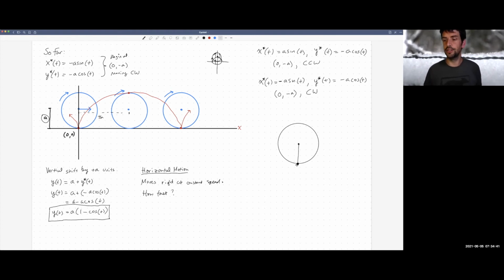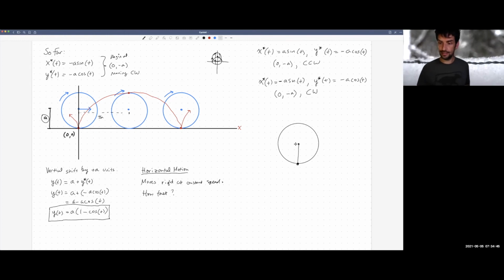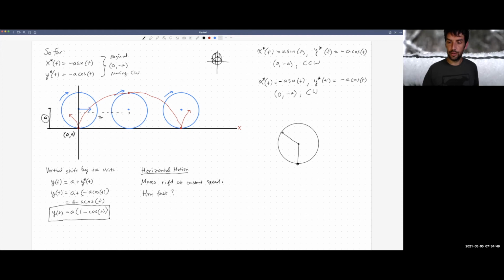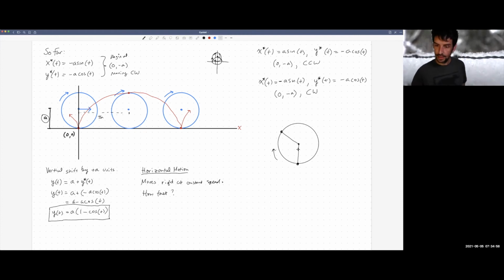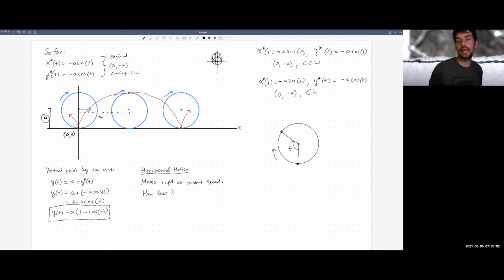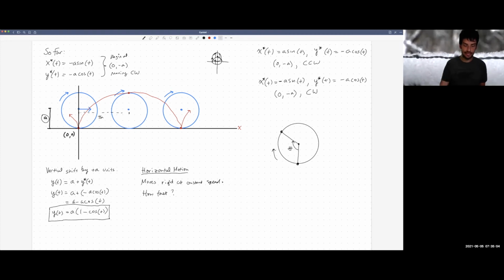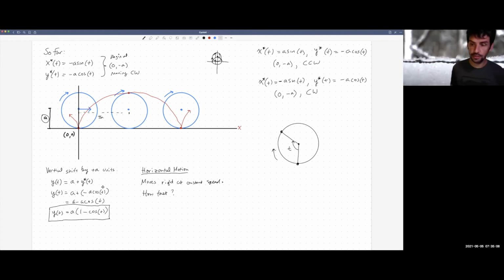There's where our particle is in the beginning, okay? So let's say a little while later, our wheel has moved, right, in the clockwise direction. It will have moved across, but I'm just drawing it in the same place. This angle is t, right? t is playing the role of our angle, right?